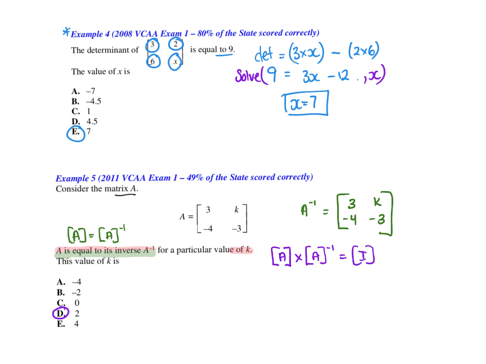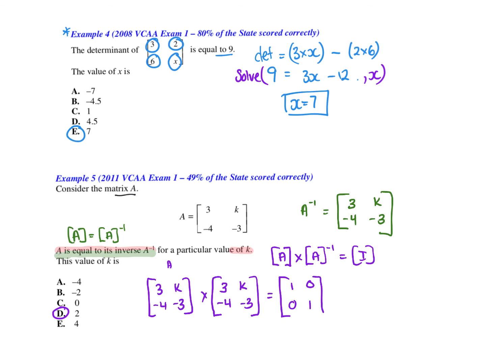So what we're saying here is if I take matrix A, which is 3, k, -4, -3, and I times it by its inverse, which in this scenario is exactly the same, I must get the identity, which is going to be a 2 by 2 as well, with the ones on the leading diagonal, like that.